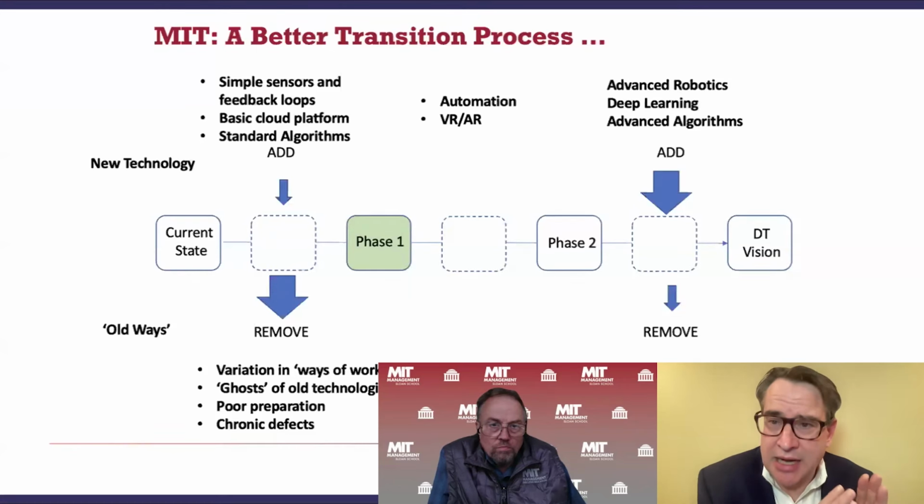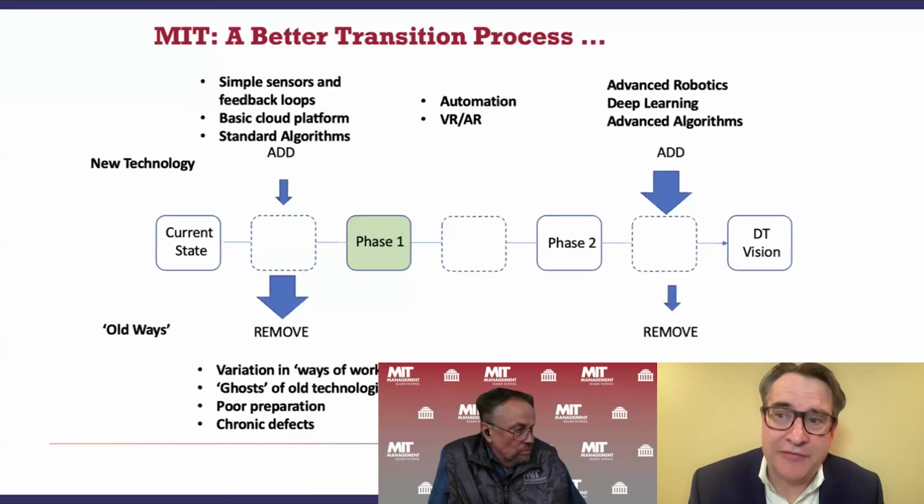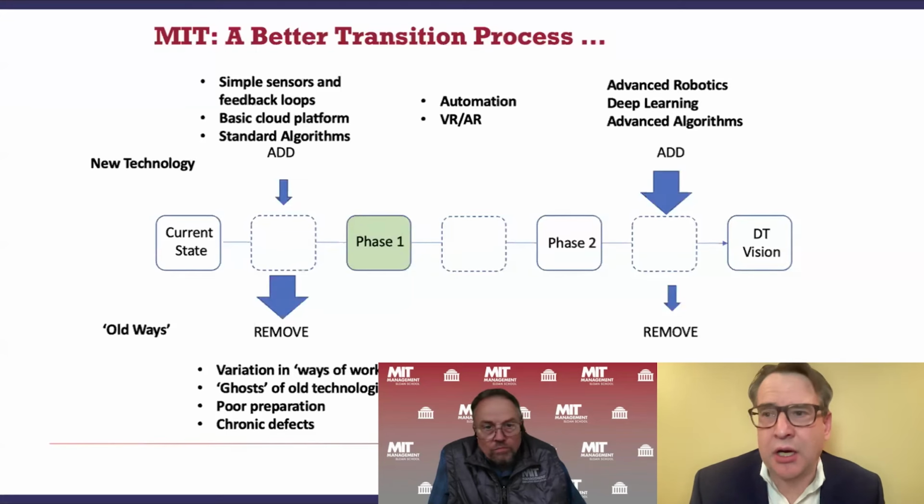Now, there is some technology we can add during that phase. Most likely, we're going to add some simple sensors and feedback loops. We'll probably establish a fundamental cloud platform for sharing data. And in fact, 80% of the time, I find the data we need for the next 6 to 12 months, we've been collecting for years. It was just sitting on a machine, on the factory floor, or on somebody's laptop, and it was never analyzed.